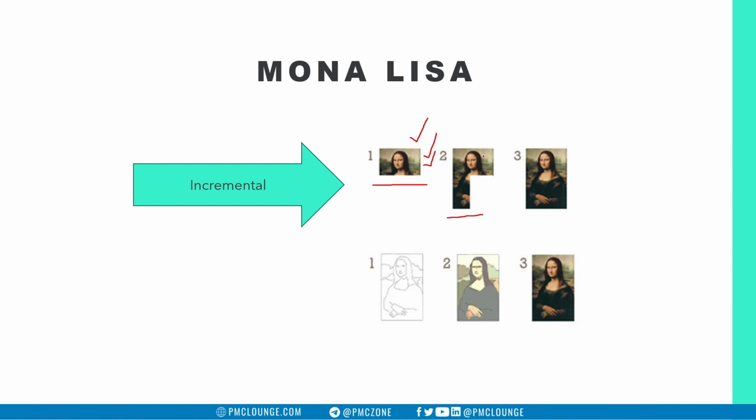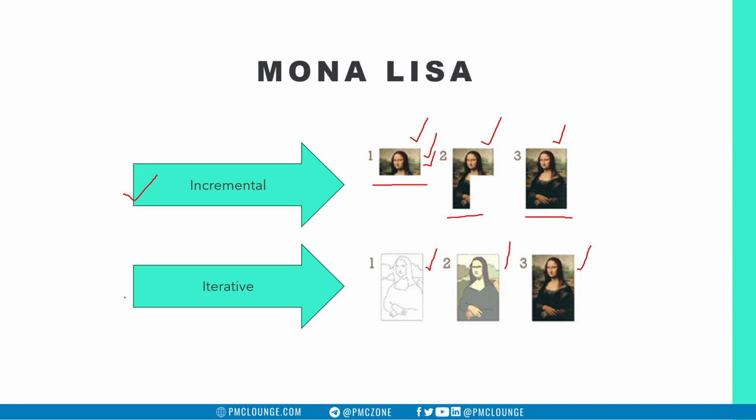In the second go as well, you are delivering an increment which is a finished product. In the third go also, you are enhancing it. So this is incremental life cycle. Whereas in iterative life cycle, what you're doing is you're coming up with some sort of prototype, you get feedback, then you refine it, then again you get feedback, then you refine it again, and then finally deliver it. So that's how incremental and iterative life cycle differs.